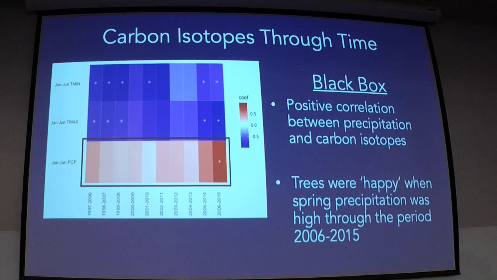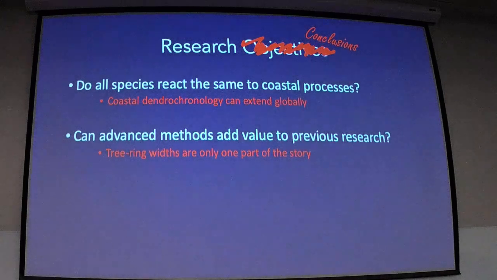But our big takeaway here is that carbon isotopes are following changes in moisture stress. This is very typical of carbon isotope studies in the past. It's just very rare to see these studies in coastal locations. So basically, this is another big check mark for our research conclusions: that tree ring widths are not the only thing we can talk about here today.